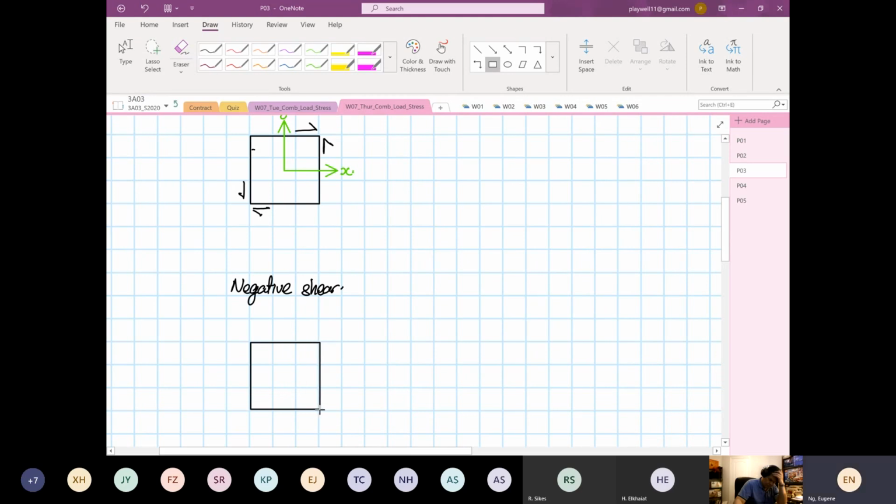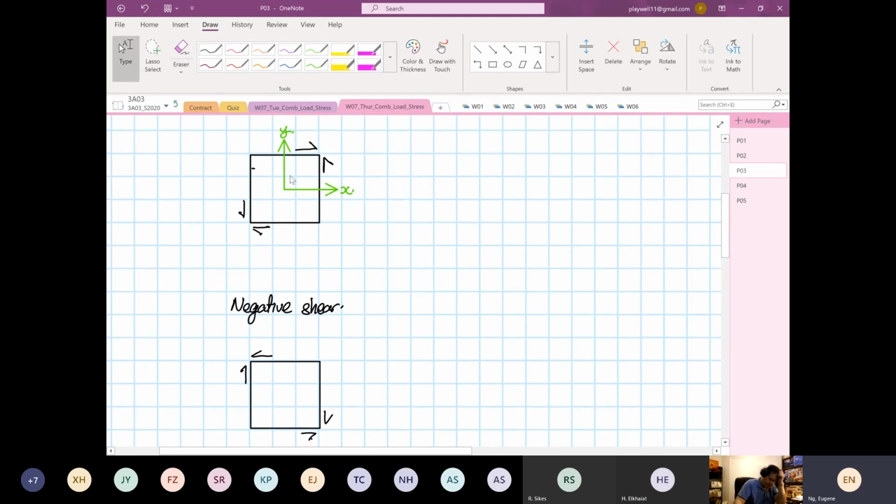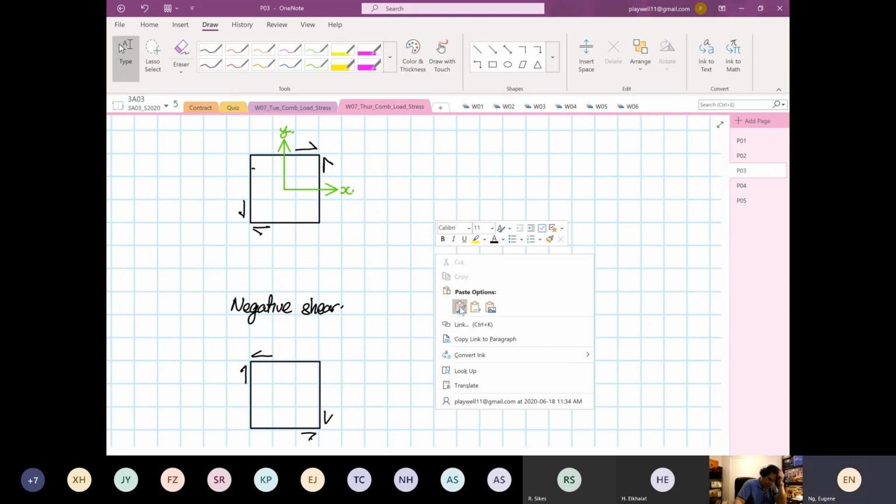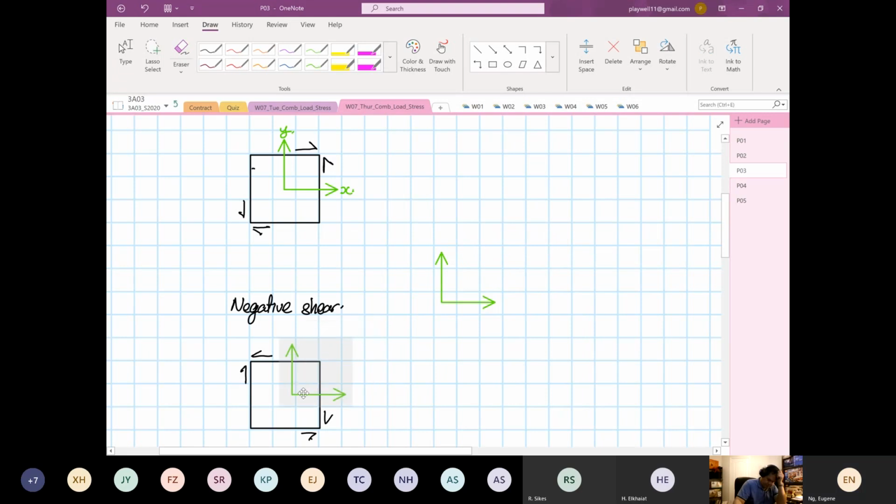All right. So the problem that we had earlier is what we call negative shear, or the element A. Remember the element A that we analyzed with negative shear. So the same thing. I'm going to draw my element here. Okay.